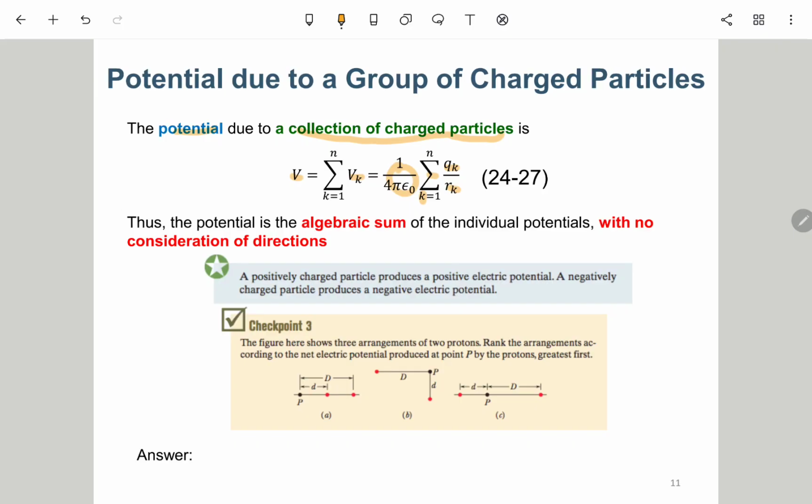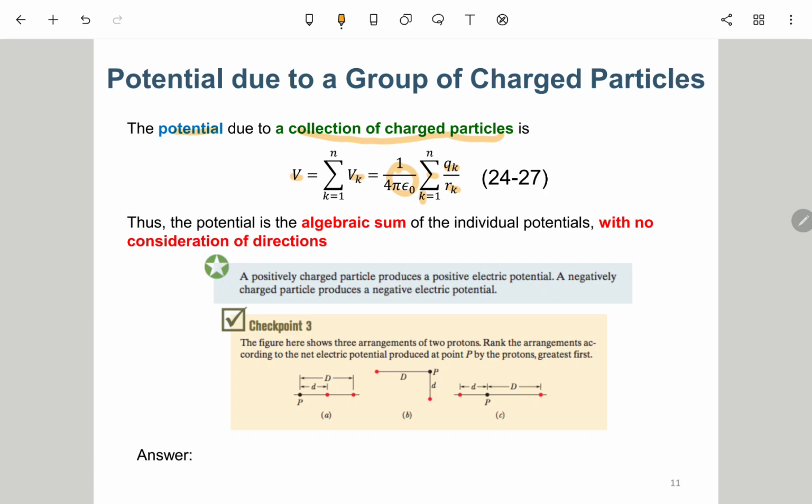Which means that we add scalars together, which is easier, because if we need to add many E fields together, we need to decompose all the E fields along, for example, the x-axis and y-axis. We have the x-axis component for E1, E2, E3, and the y-axis component for them, and then we add all the x-axis components together and all the y-axis components together, to finally come up with the sum of the E field.